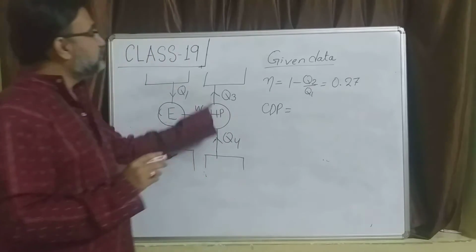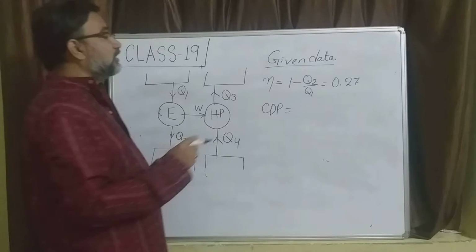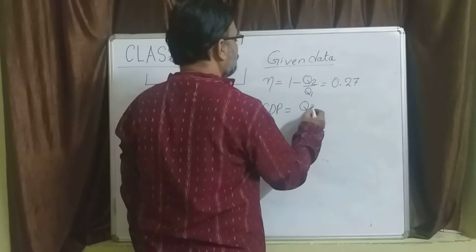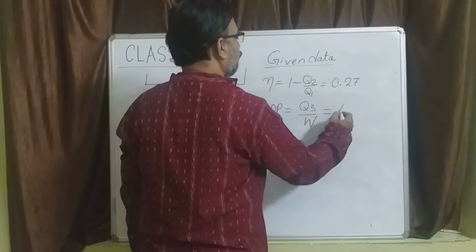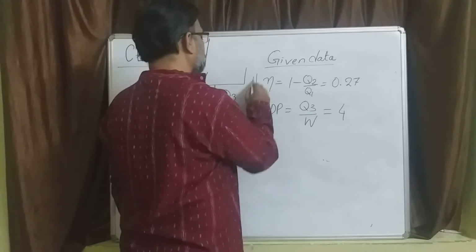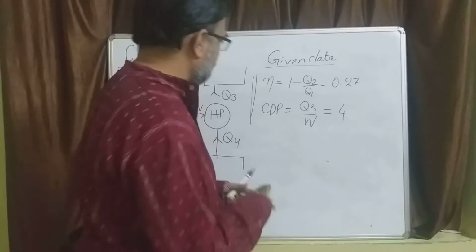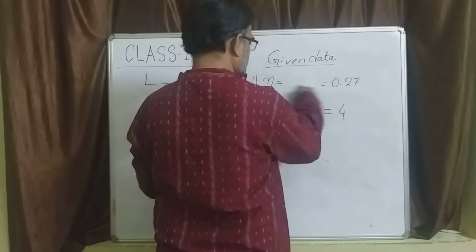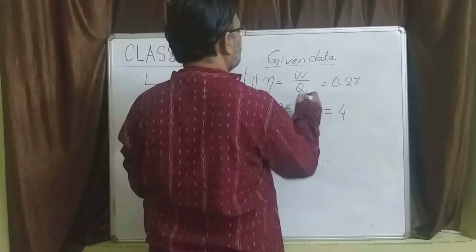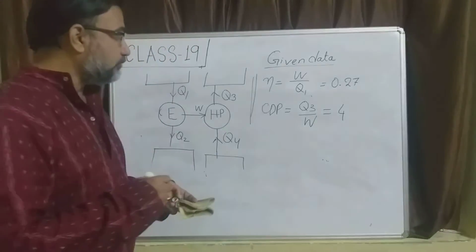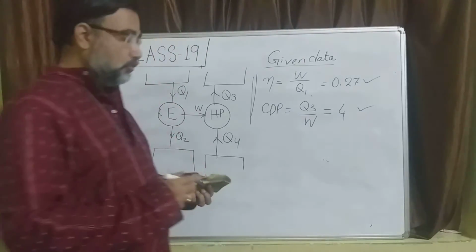The heat supplied to the body divided by the work, that means Q3 by W is equal to 4. So these two terms are only given to you, or you can say this is W by Q1.